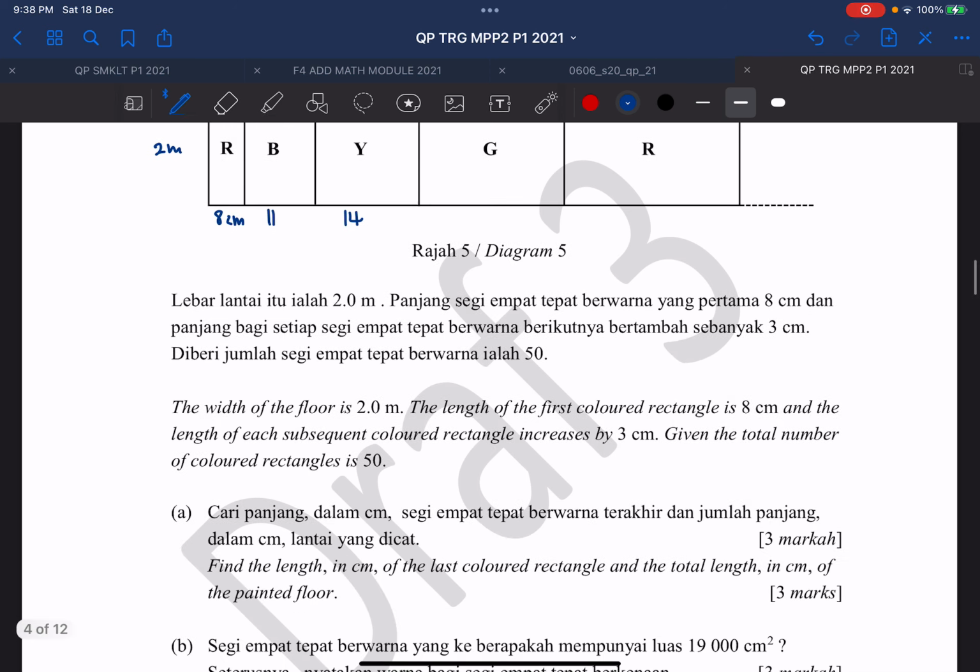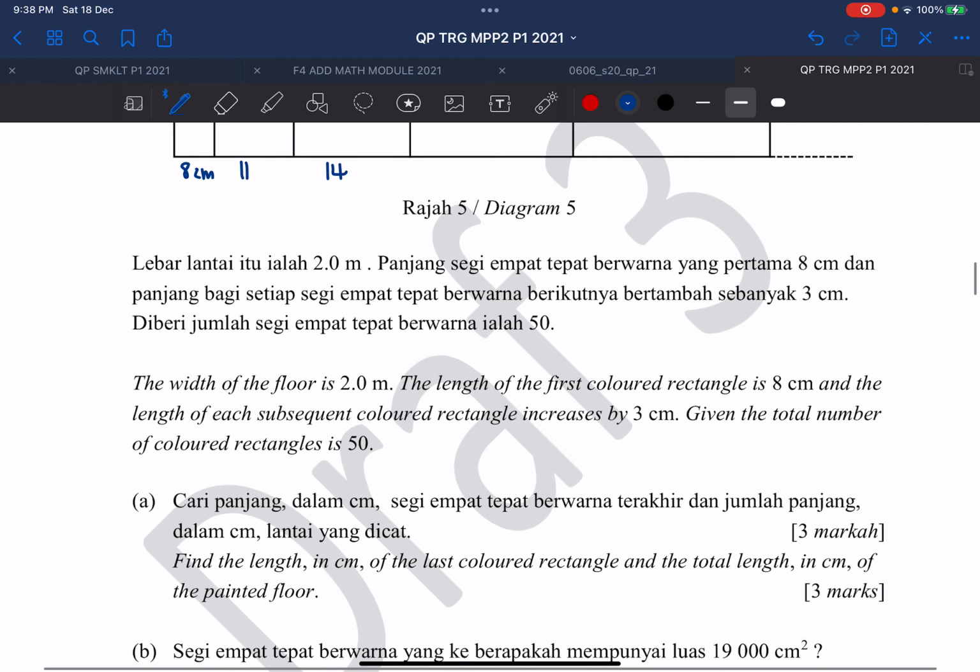So we can label something here. Our a is 8 cm. Our length increases by 3 cm, so our common difference d is positive 3. The total number of rectangles is 50, which is n equals 50.